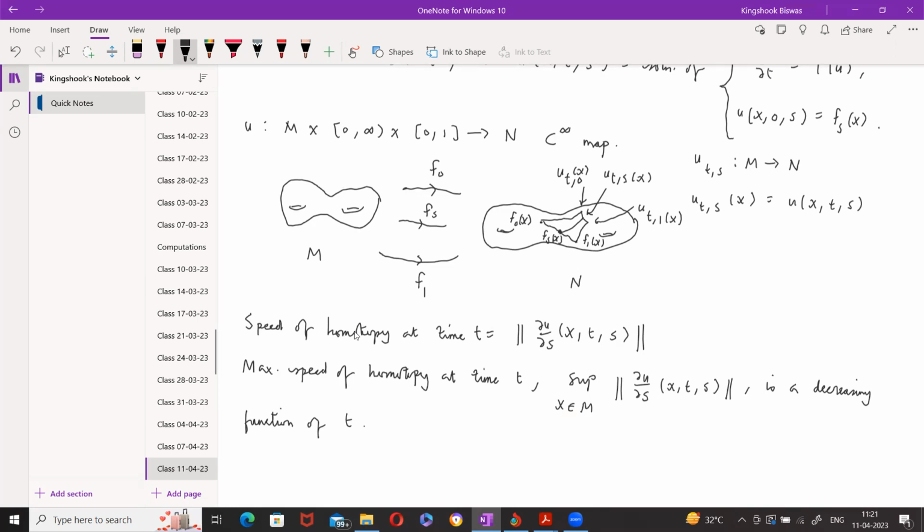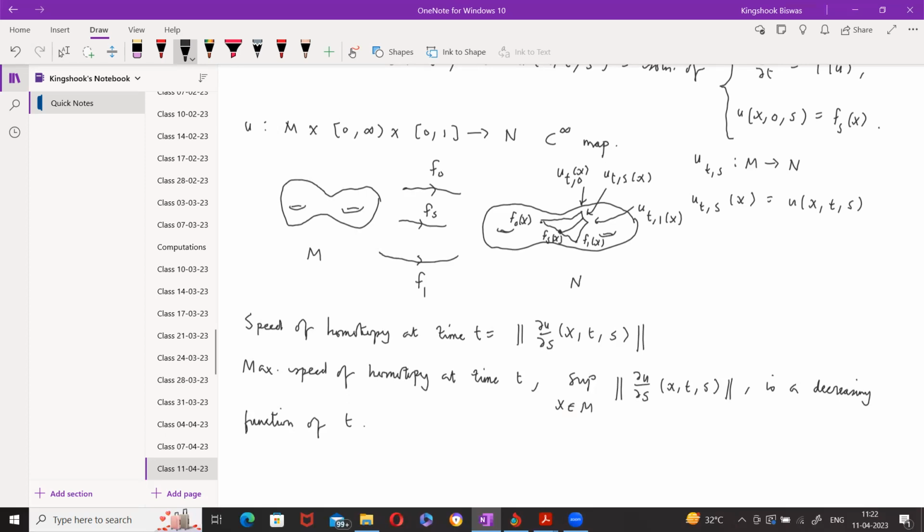You just join them by the unique length minimizing geodesic. This is unique for two points close enough. That geodesic has speed equal to the distance between F0(x) and F1(x), which we're assuming is uniformly small, less than epsilon. So the initial speed at time 0 is very small.